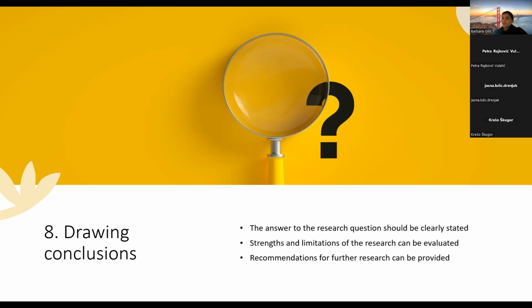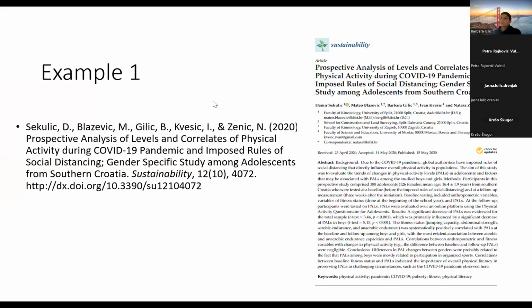That's why this is a very important part. Usually the last sentence of your research article is a recommendation for future research. You can provide that from your research. That's also very, very important.